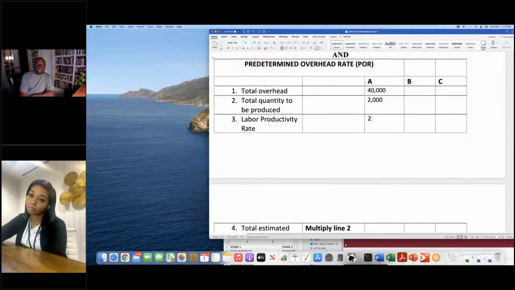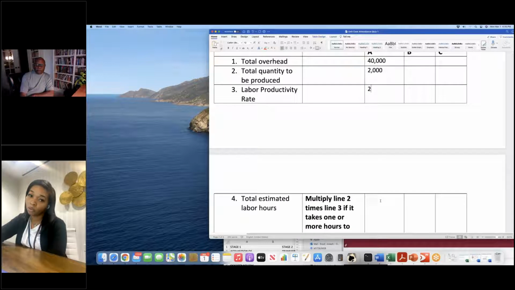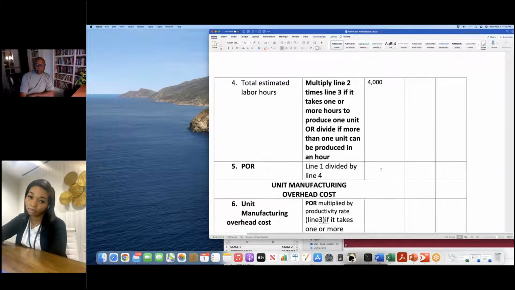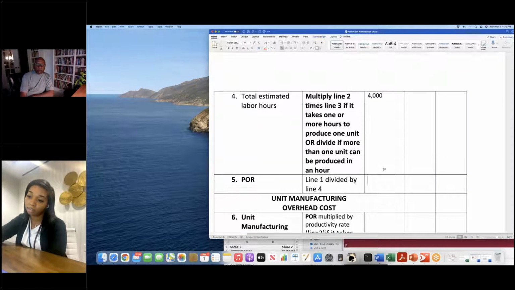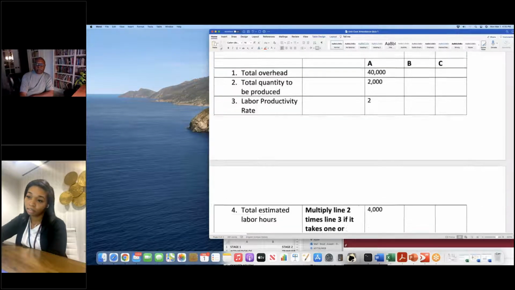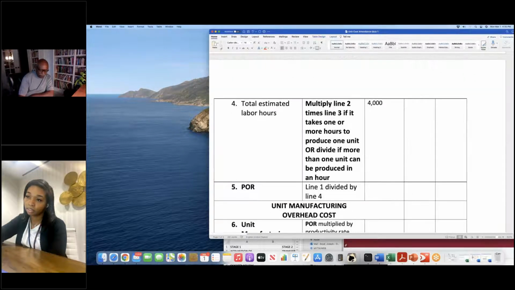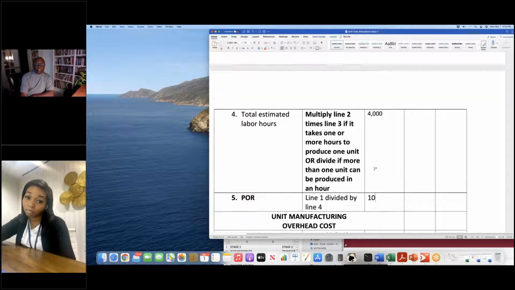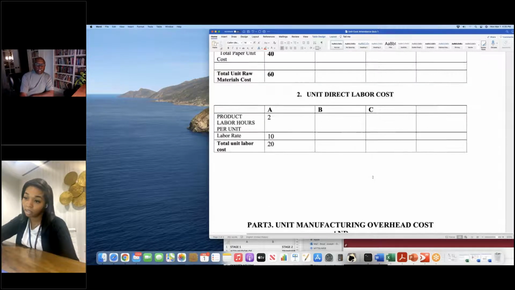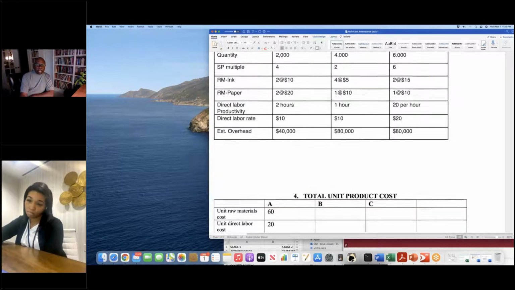So what's the total estimated hours going to be? 4,000. So what's our POR? 10. How did we get 10? 40,000 divided by 4,000. 10. So we know we got one of our answers correct.